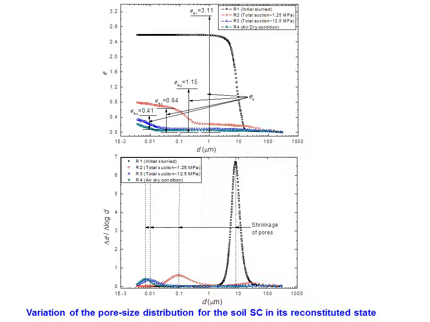So what it indicates is that the pores smaller than this size are saturated, whereas the pores larger than this size are unsaturated.